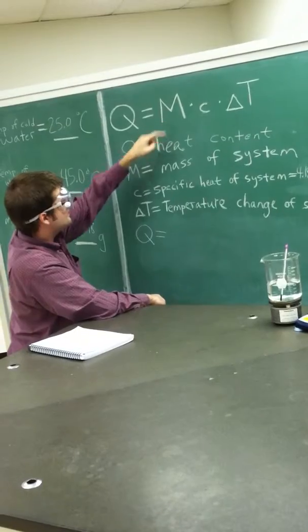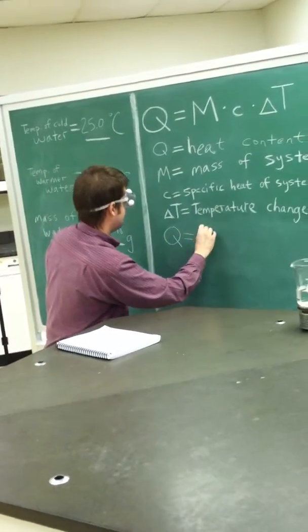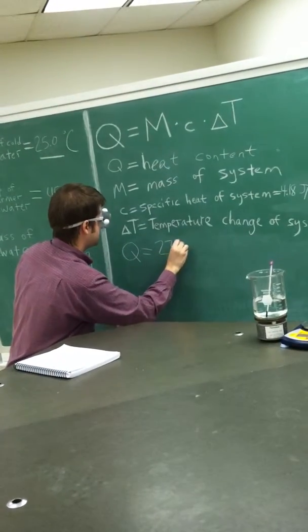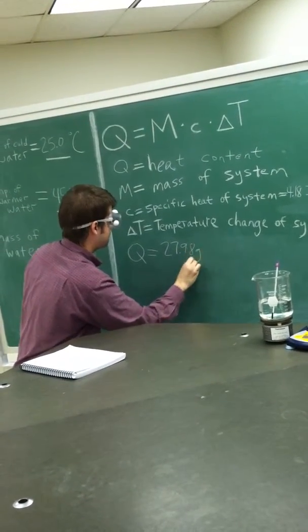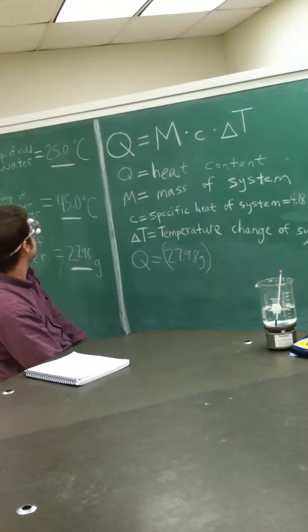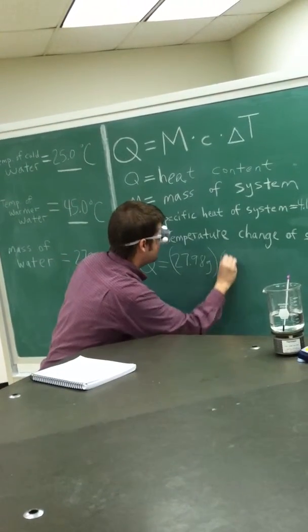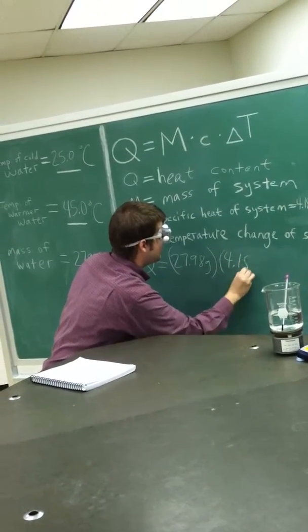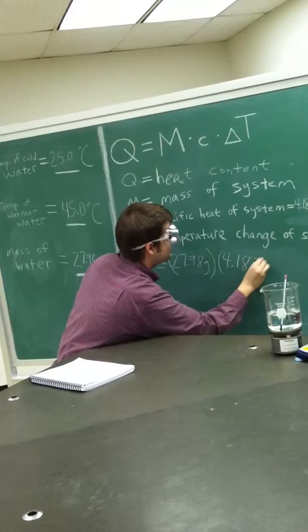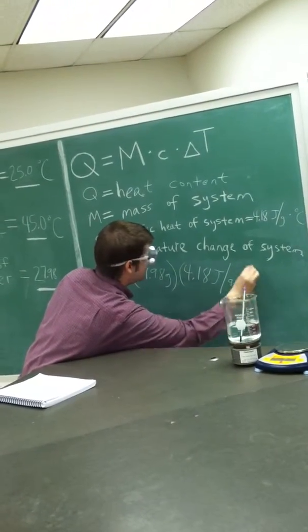So the mass of that system is 27.98 grams. Now, the C, which is always the same for water, will be 4.18 joules per gram times degrees Celsius.